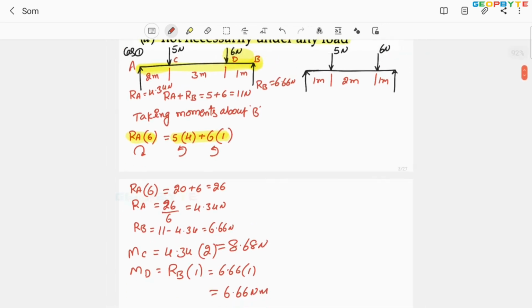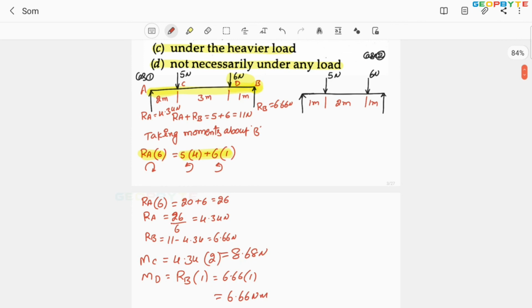So look at the bending moment values. Bending moment at C is 8.68. Bending moment at D is 6.66. Therefore, bending moment is not the same under the point loads. For this case, it is very clear that the bending moment is maximum under 5 newtons.